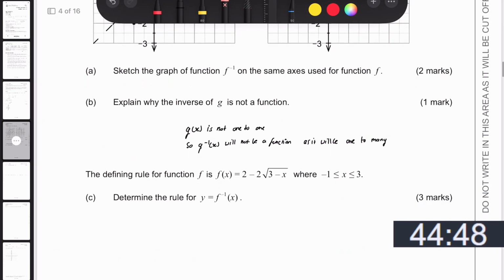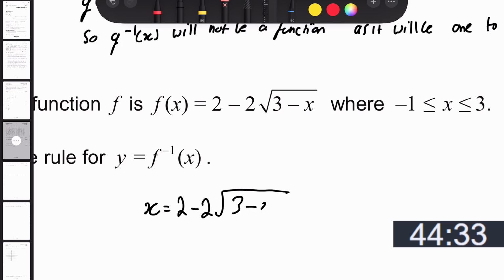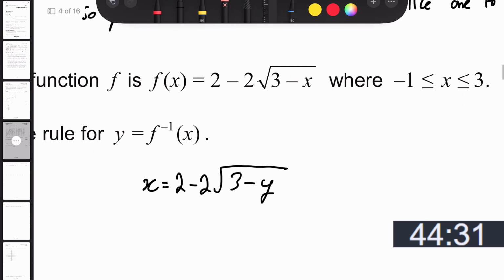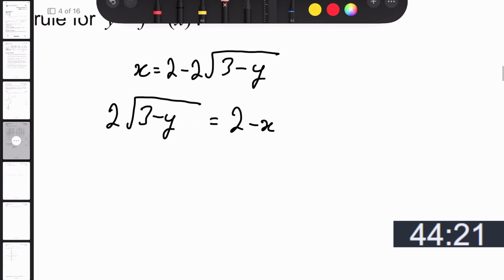Okay, and the defining rule for that, determine the defining rule for y equals f of negative x. So then we'll say that x is equal to 2 minus 2 square root of 3 minus y. So then we have that 2 square root of 3 minus y is going to equal 2 minus x.